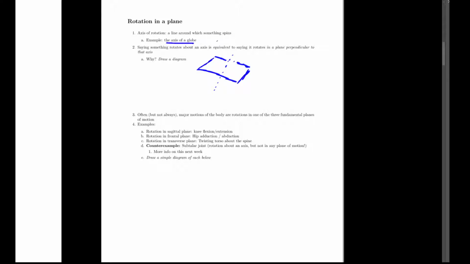A good example of an axis of rotation is if you have a globe of the Earth, the line that it spins around, that's the axis of rotation. You could equivalently think about that as rotating in a plane, oriented perpendicular to that axis of rotation. So maybe you draw some pictures like this, maybe you write in some notes clarifying that in some way that's intelligible for you, because of course these notes are for your benefit, not for mine.